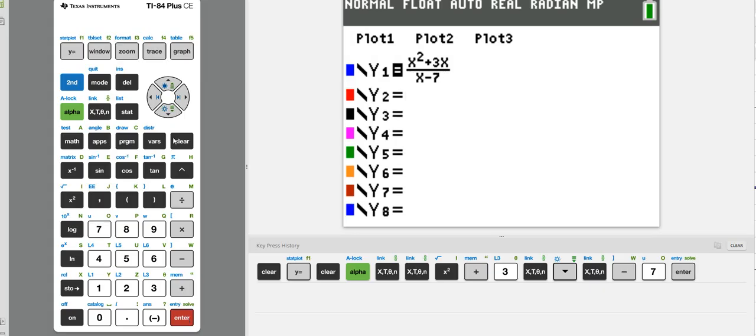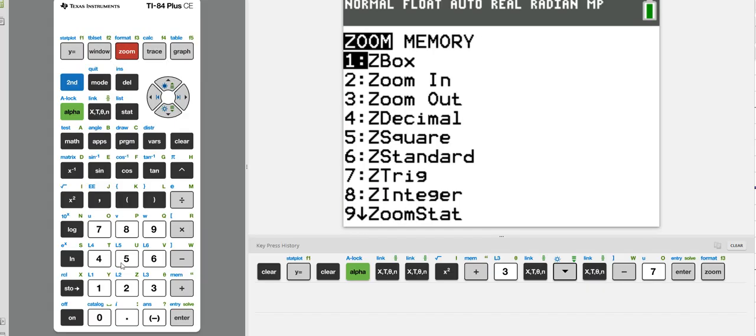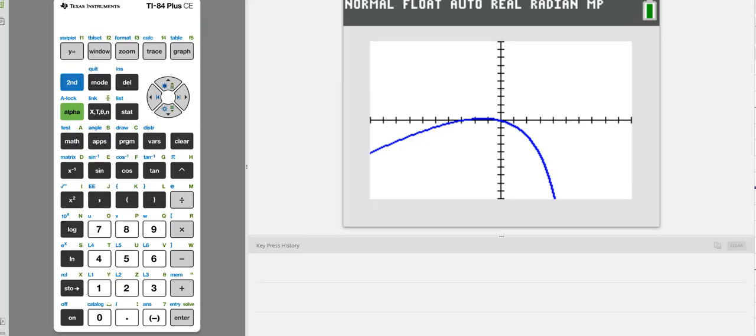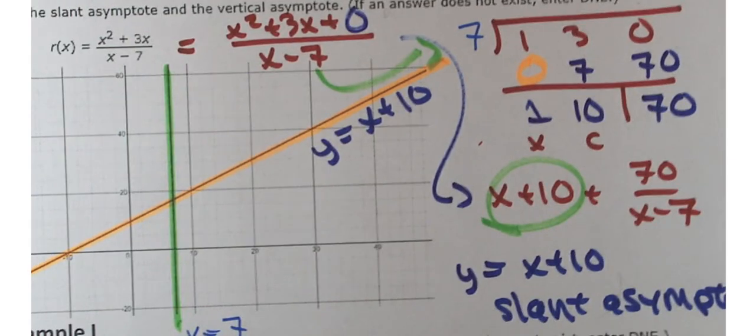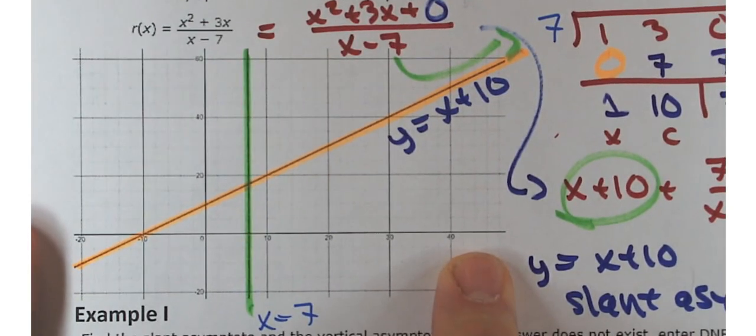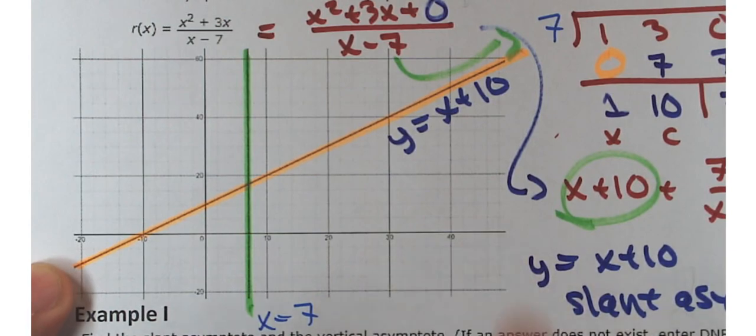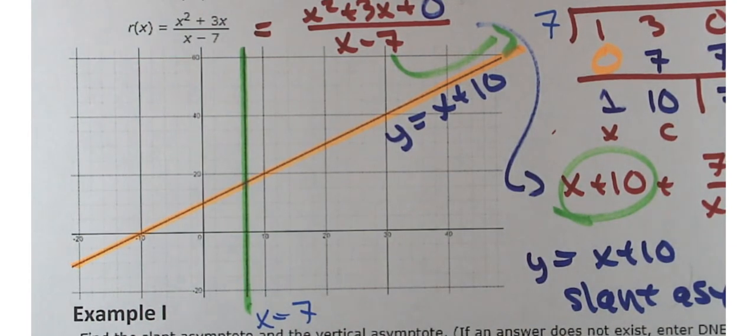And I should get a graph that starts to look like what I've got. Now I'm going to go back to the standard window. I might need to zoom out from there. So zoom 6. And yeah, I'm not seeing enough of this graph as I might like. So let's take a little hint from the handout. In the handout, I go all the way up to 50 and all the way down to -20 on the x-axis. And on the y-axis, I go from -20 to 40. So let me readjust my window a little bit.